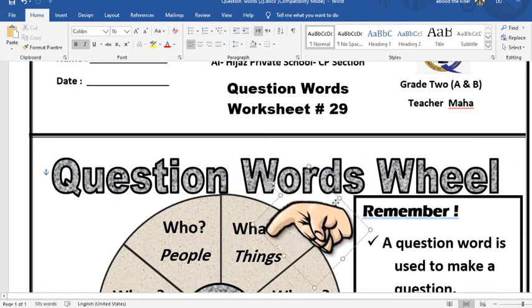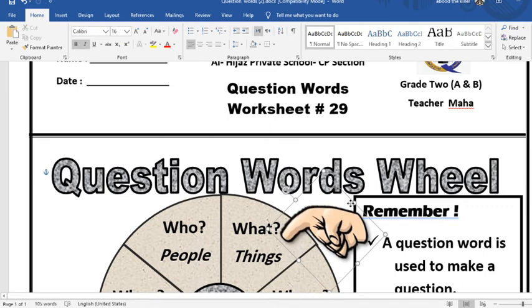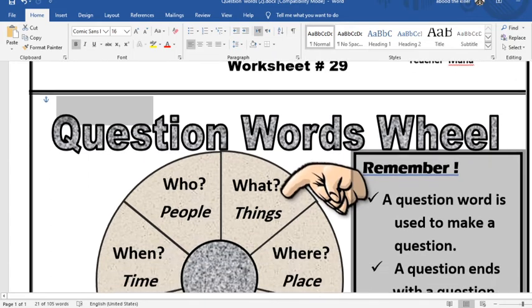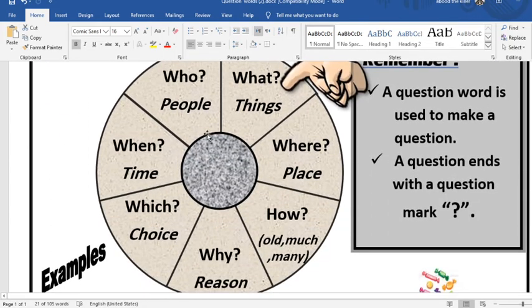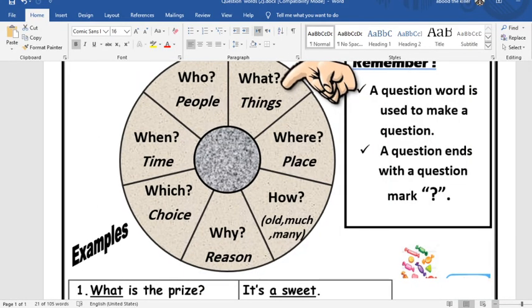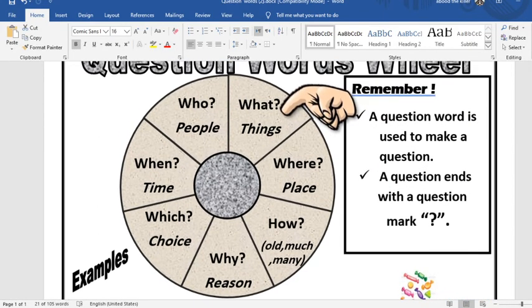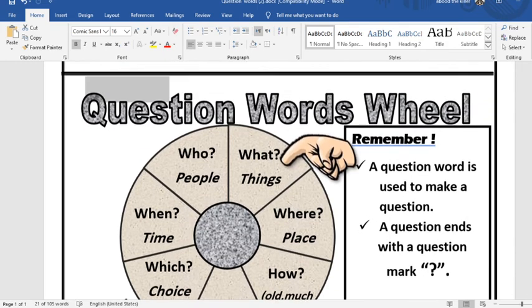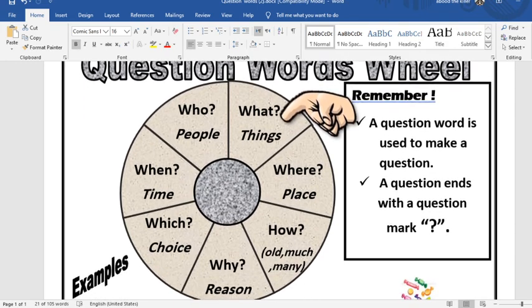Why did I call it Question Words Wheel? Because I put all the question words that you need to study in a wheel.